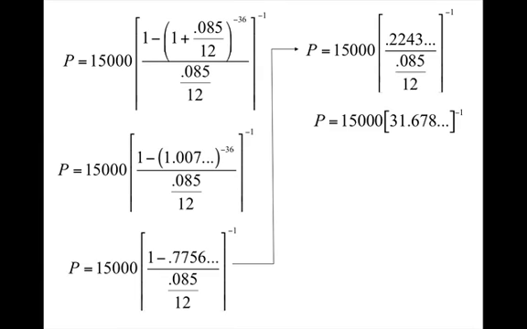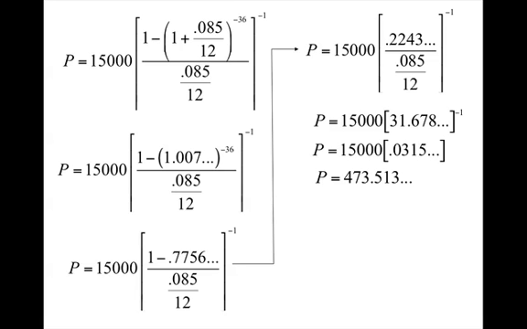Then raise that 31.678 to the negative 1 power, and we got 0.0315. And then finally multiply that by 15,000, and we got 473.513.